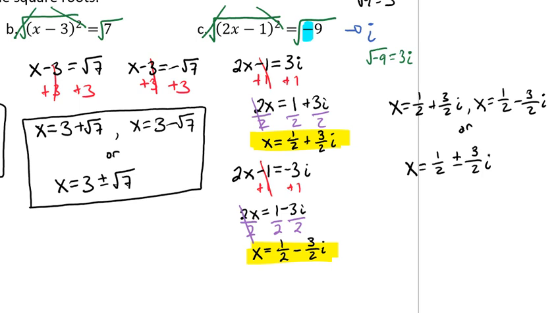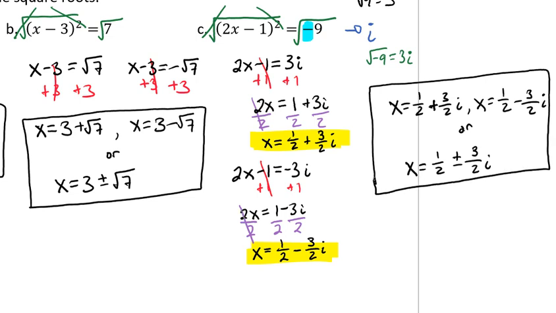Again, either way is correct as long as you're showing one with a positive and one with a negative in it. And so that is how you solve a quadratic equation by extracting the square roots.